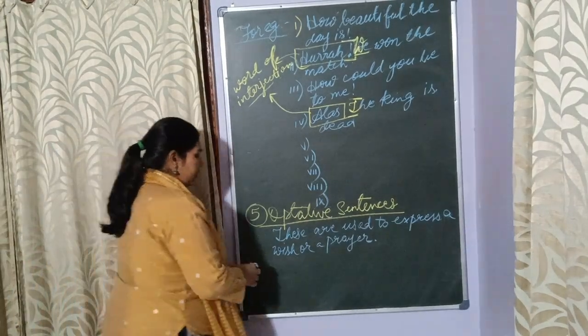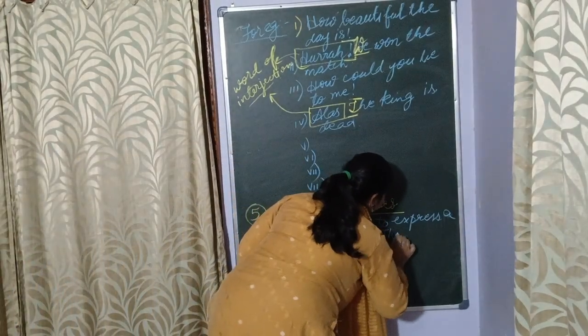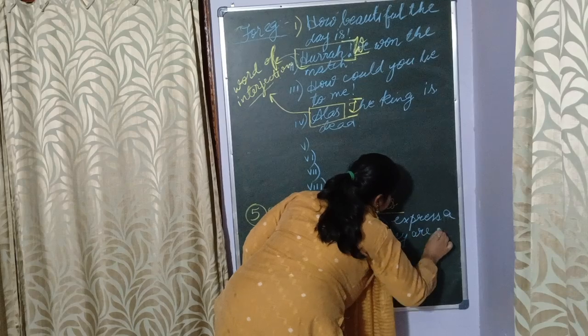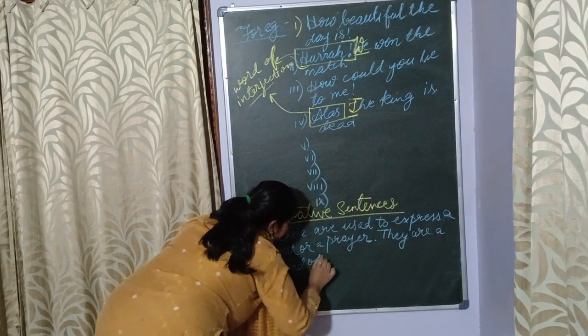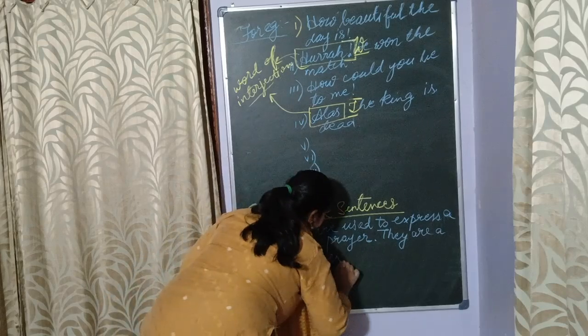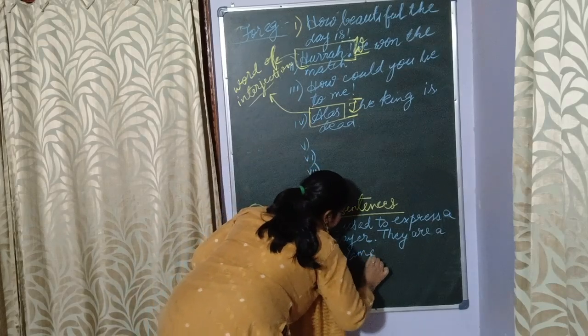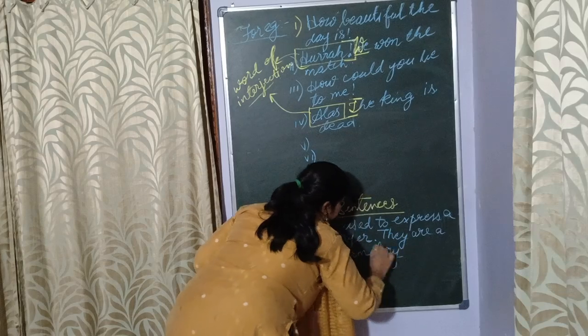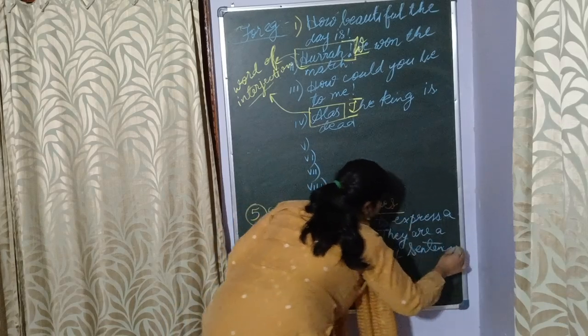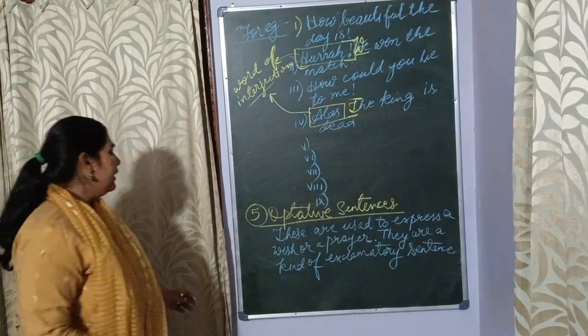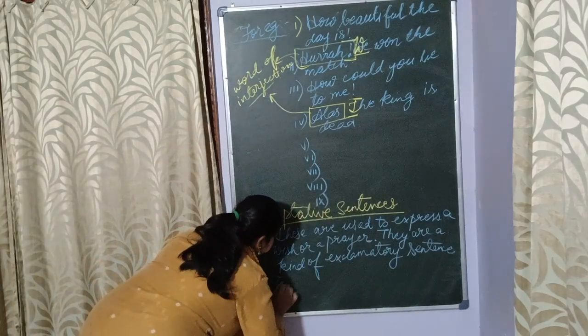For example, okay, and one more thing, they are a kind of exclamatory sentence. They end with a mark of exclamation.